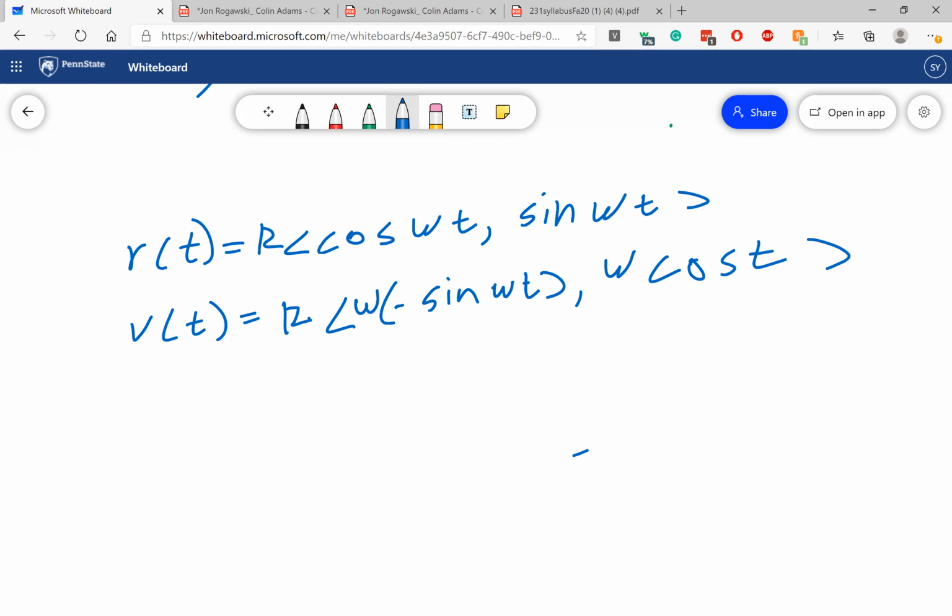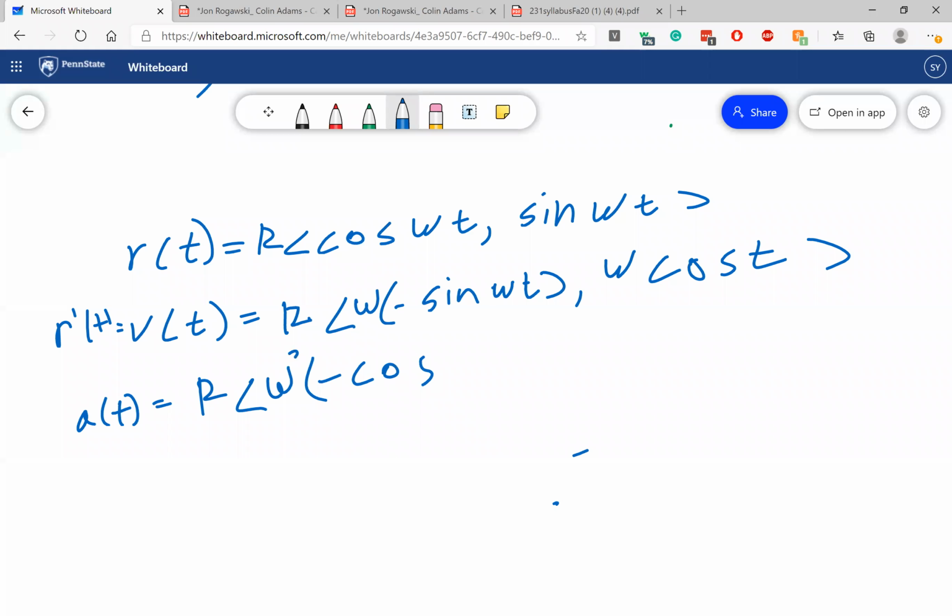And then the acceleration. So this is r prime of t, and then our acceleration is going to be equal to r times omega, negative cosine.